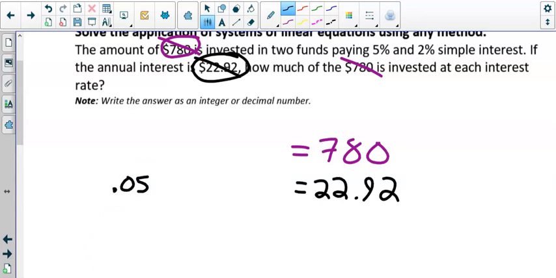X. We can call it X, or I'm actually going to call it F for 5%. Then what? Plus 0.02 T for 2%, right? Because we're interested in knowing how much got invested at 5% and how much got invested at 2%.